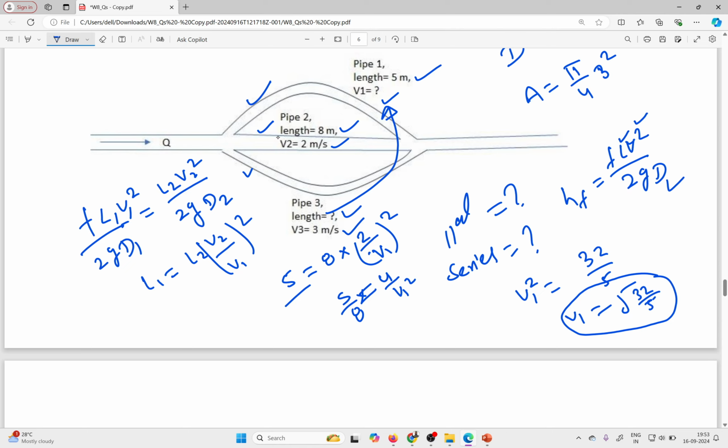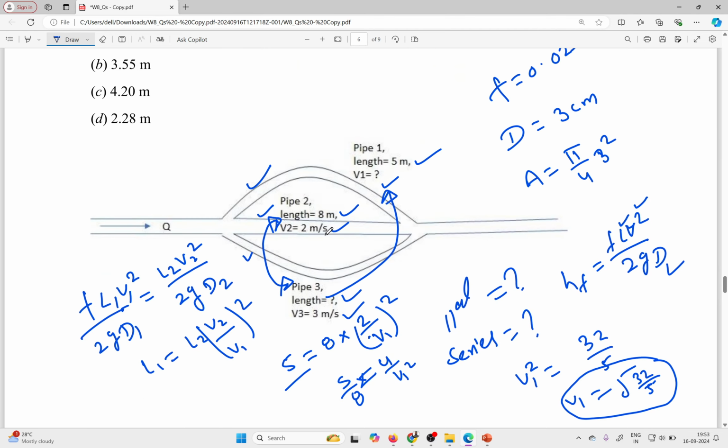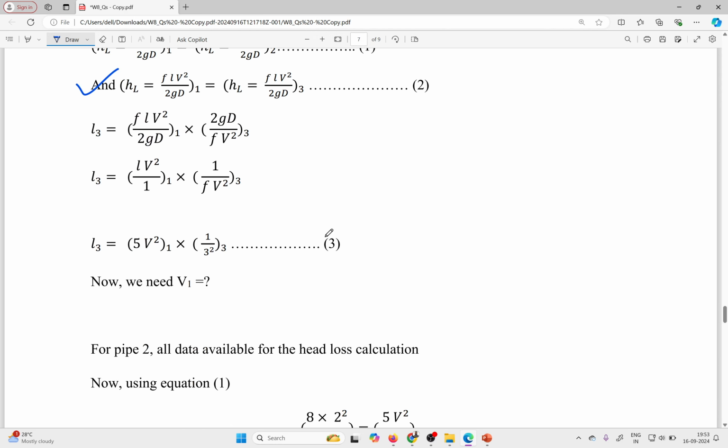In this solution, 1 and 3 will be equated. You can also equate 3 and 2, no problem. Similarly, you will do the same thing: L1 V1 square is equal to L3 V3 square.